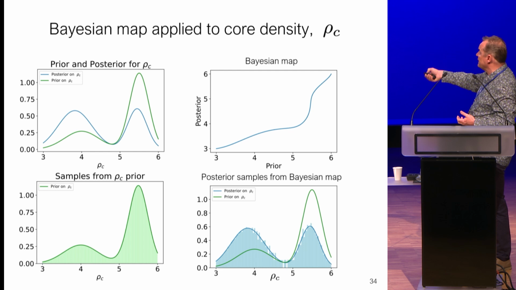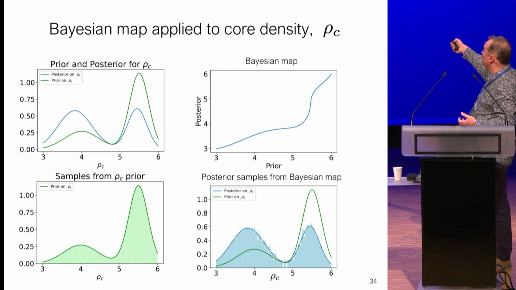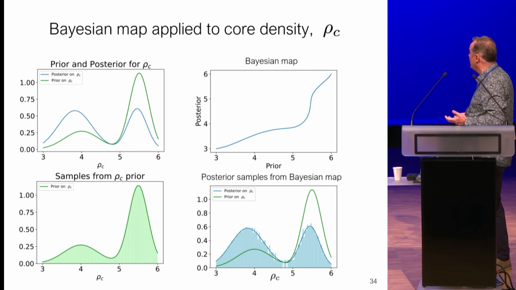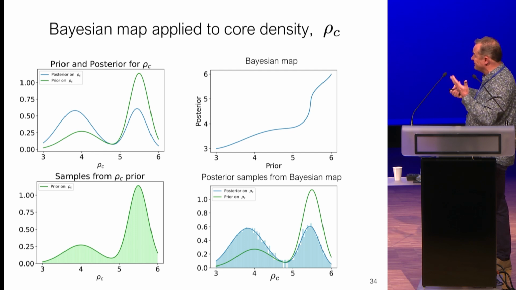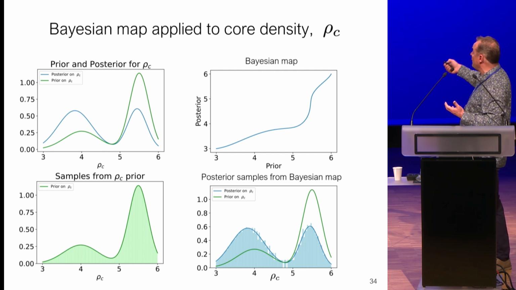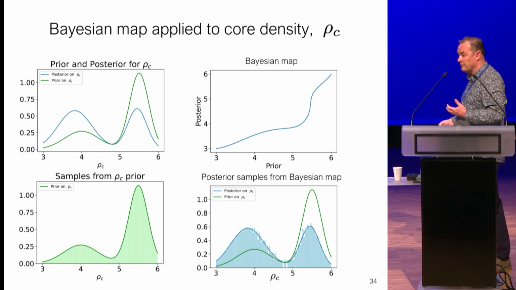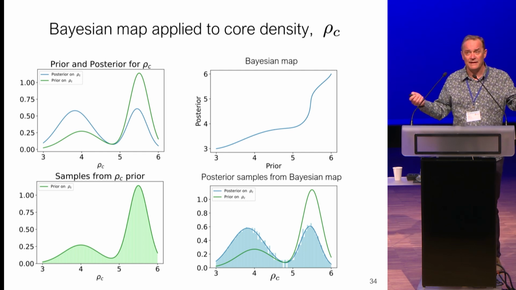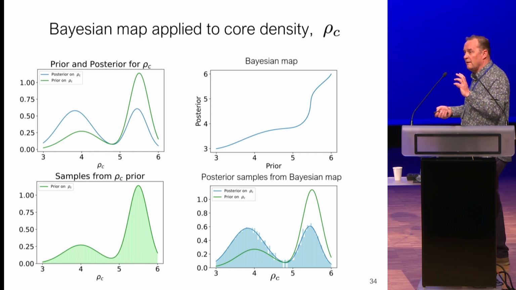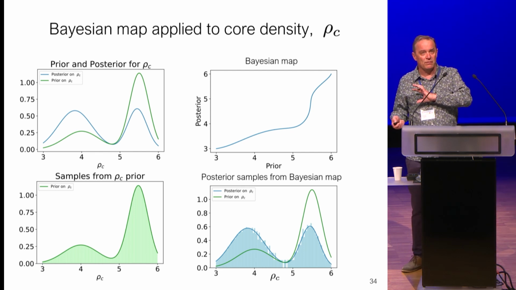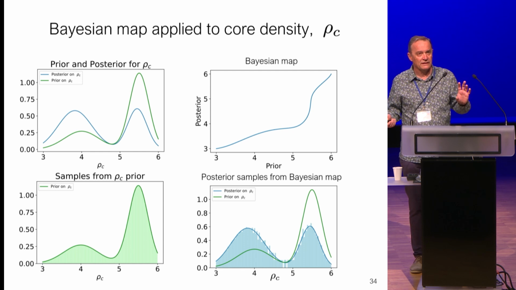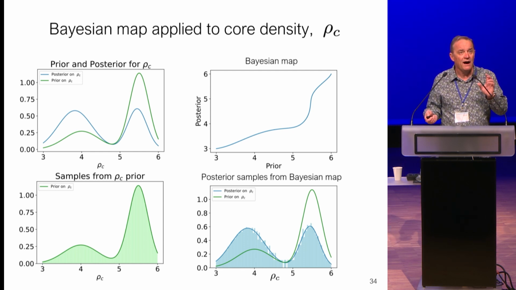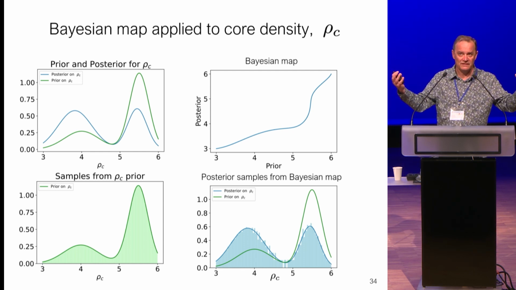The prior, posterior, prior results. The top right-hand side is the Bayesian map. And if you apply, in this case, I'm just generating samples according to the prior. I push them through the map, and I get samples according to the posterior. So it's solving Bayesian inference without MCMC. Now, I haven't actually solved the problem here. I've just illustrated. To get the map here, I've taken the prior and the posterior. Okay?